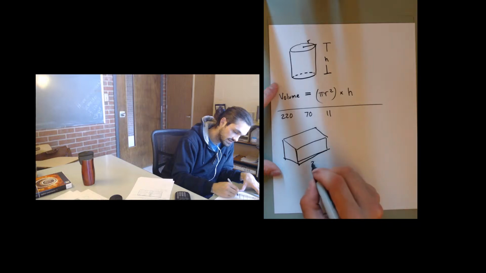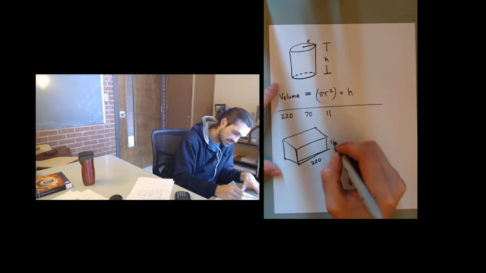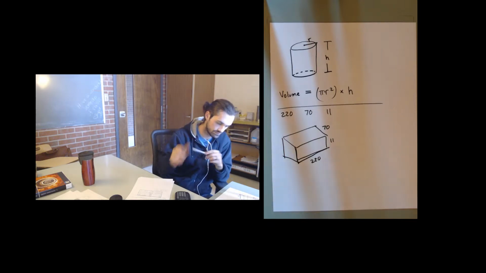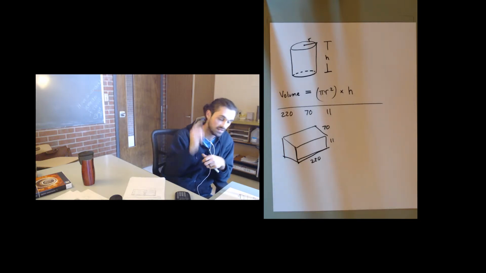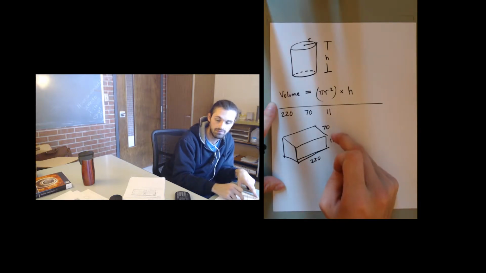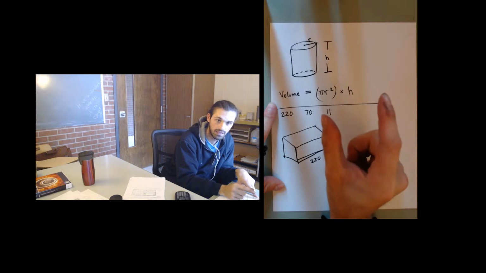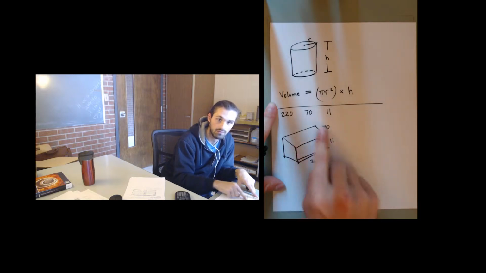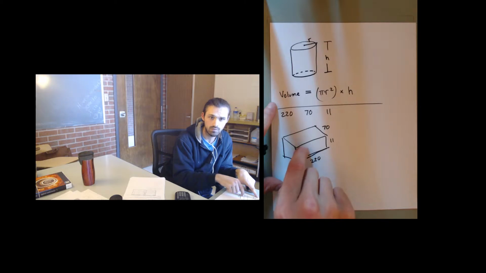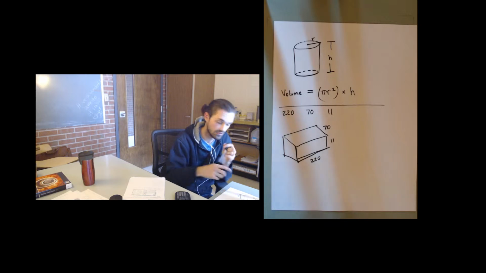So we can call this distance 220, we can call this distance 11, and we call this distance 70. So to find the volume, simply take 220 by 11 by 70, which will give you some number. That number is the volume of the entire tank, and then we're told we have to fill up this reservoir, and to fill it up completely we need to add 25% of this volume.